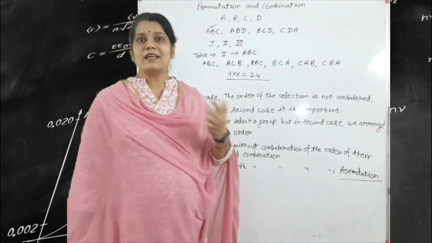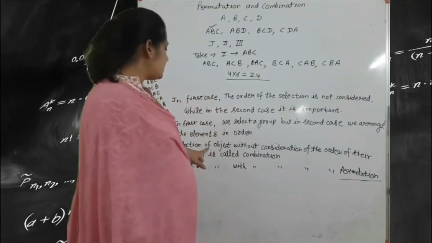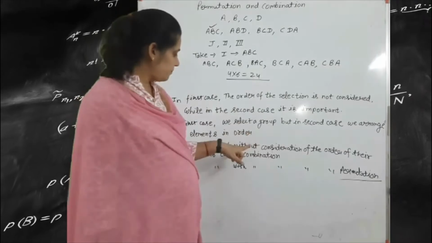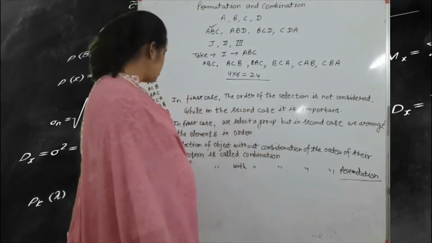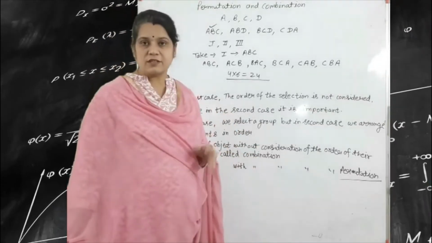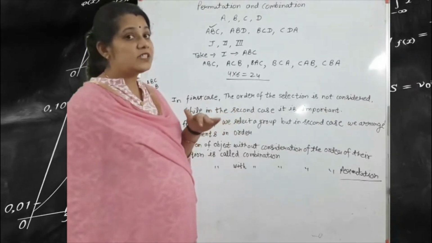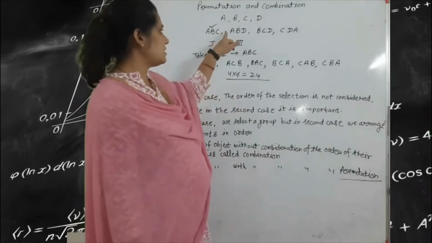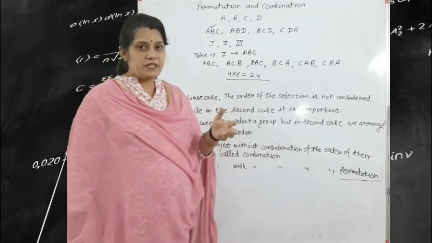Okay. So what is the definition of permutation and combination? The selection of objects without consideration of the order of their selection is called combination. That means if we do not consider the order, this is combination.